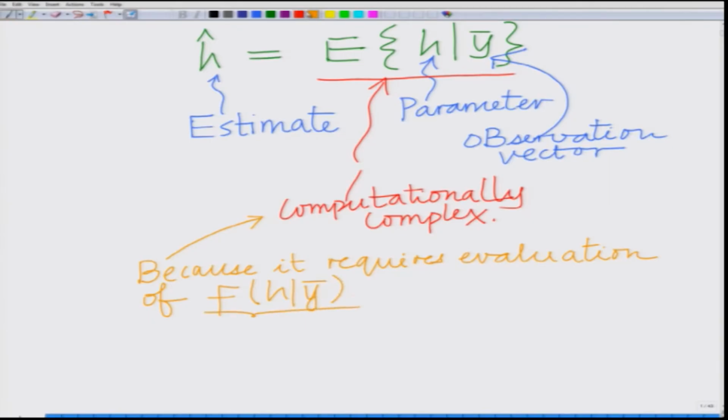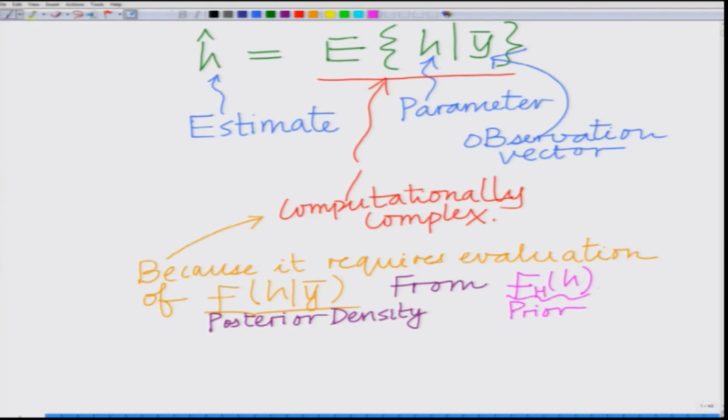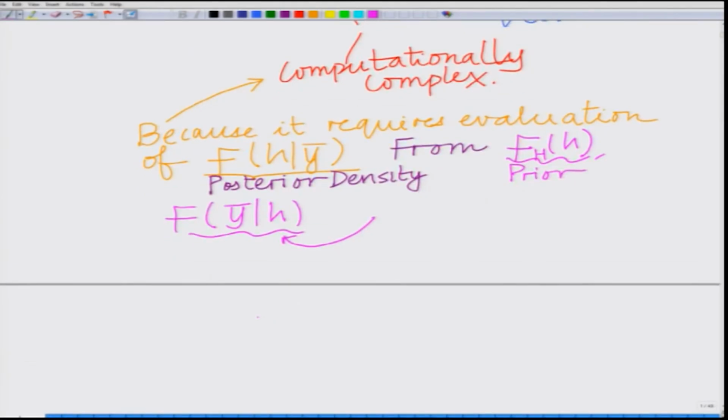Remember, this is the posterior density, computed from f of h, this is the prior, and f of y bar given h, this is the likelihood of the observations.